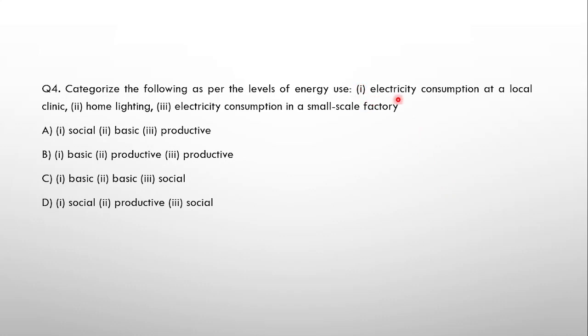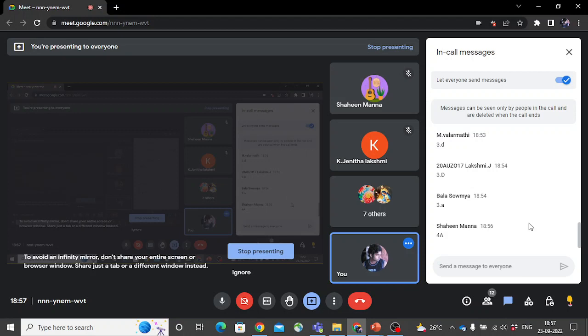So you have electricity consumption at a local clinic, home lighting, and electricity consumption in a small scale factory. Okay, these are the three. You have to categorize them as social, basic, or productive. Do we have more answers?